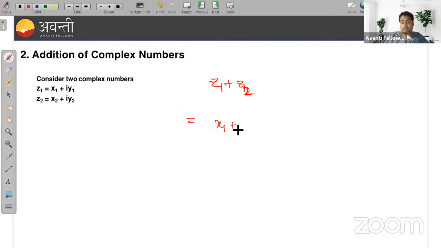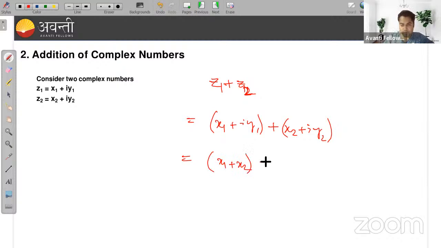Similarly, you can take x1 plus iy1 plus x2 plus iy2. By adding these, we can separate the real part and the imaginary part, so we can write this as x1 plus x2 plus i into y1 plus y2.